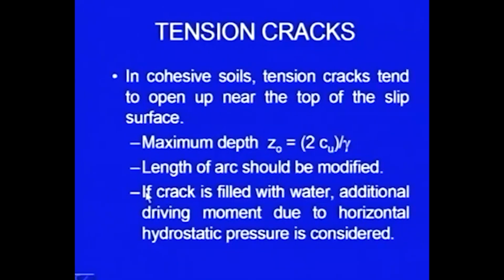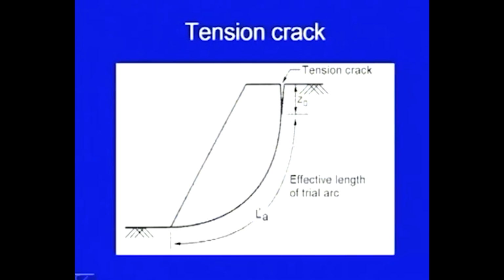And also you can do the analysis that if the crack is filled with water, then additional forces, additional driving moments due to horizontal hydrostatic pressure is considered. There will be additional forces which will be acting.